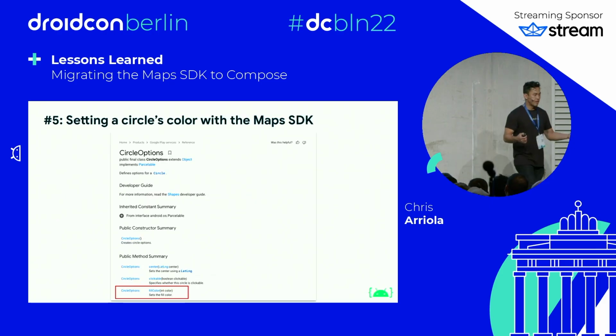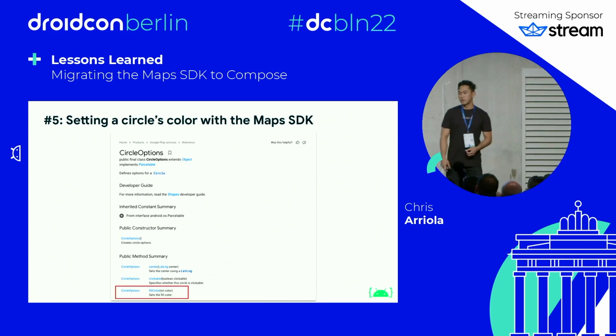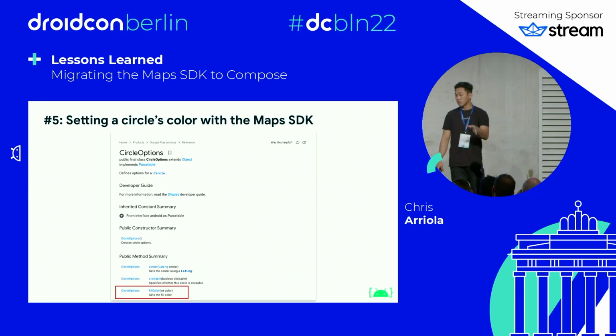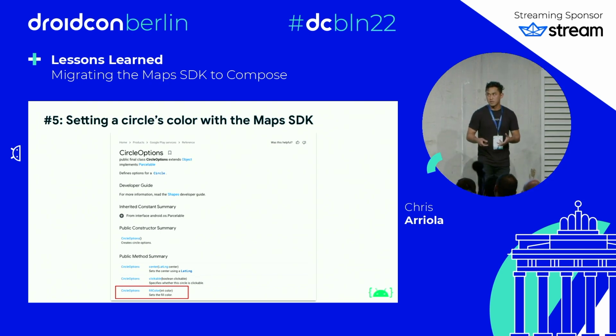And one of my favorite applications of this lesson is actually pertaining to color. There are certain objects that you can configure the color of. Circle options, for example, you can change the fill color of the circle or the stroke color. And on the Maps SDK, this parameter is represented as a color integer.